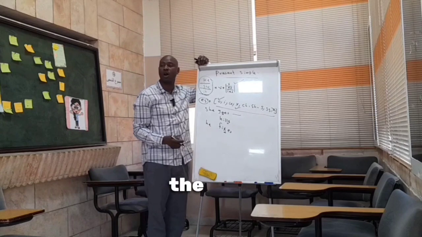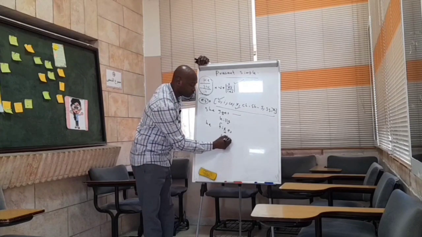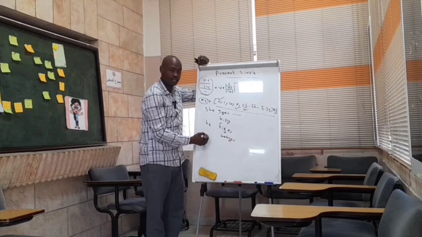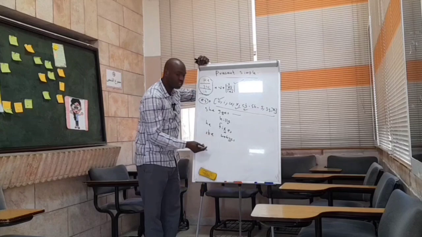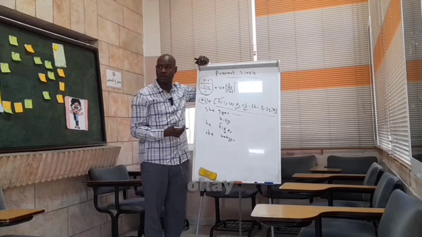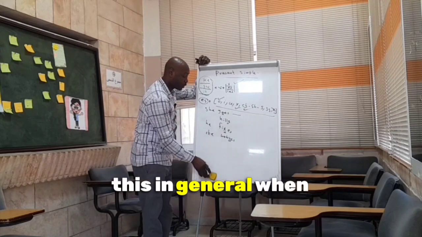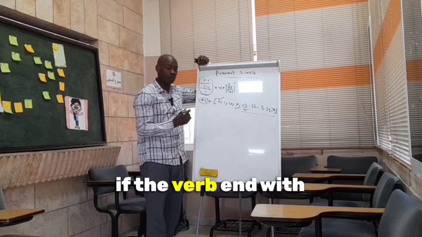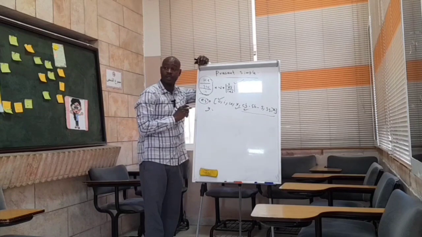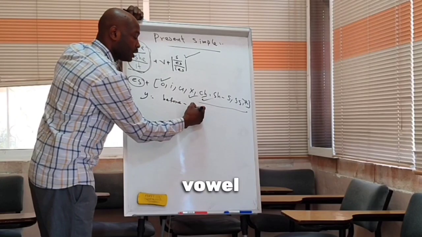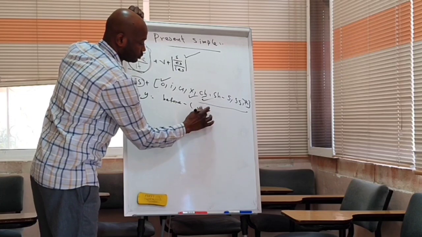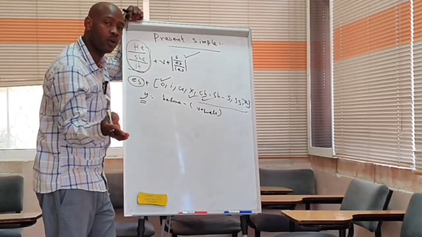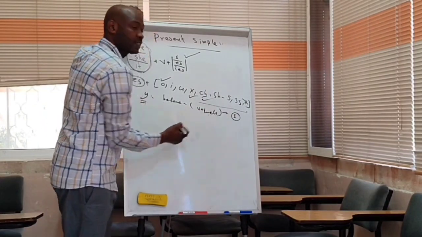The verb watch ends with CH, which is here, so we add ES: "She watches movies." This is in general. When do we add IES to the verb? If the verb ends with Y, and before the Y there is any vowel, we add S only.